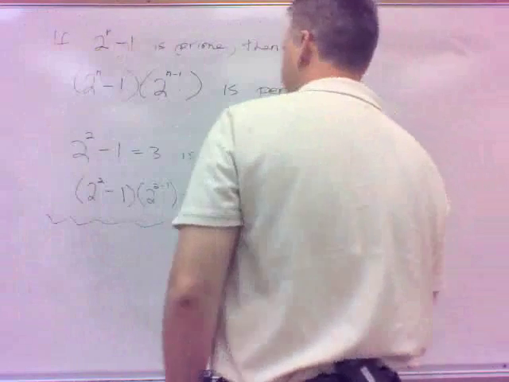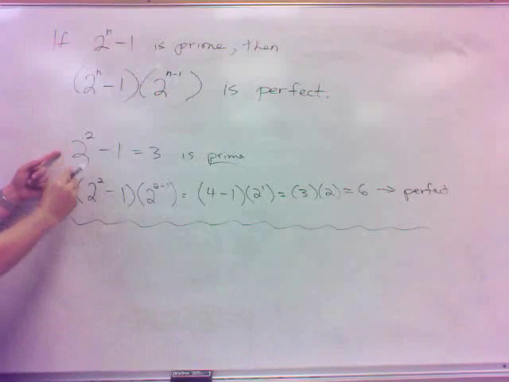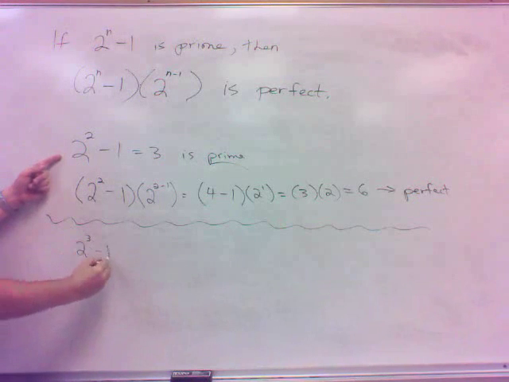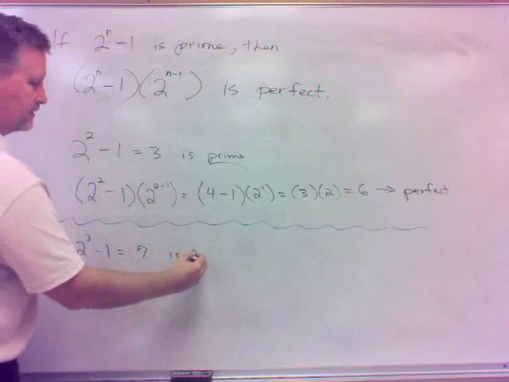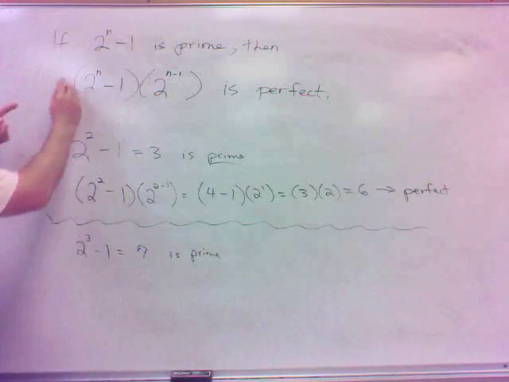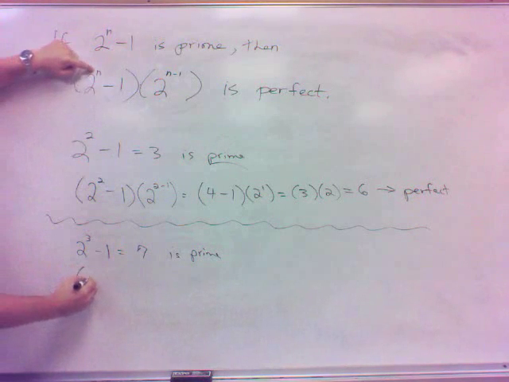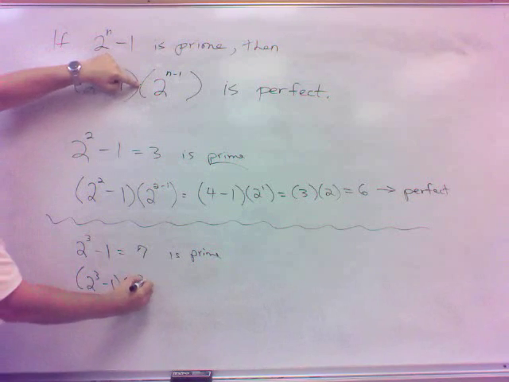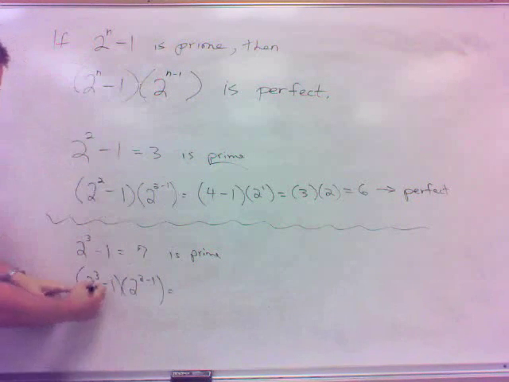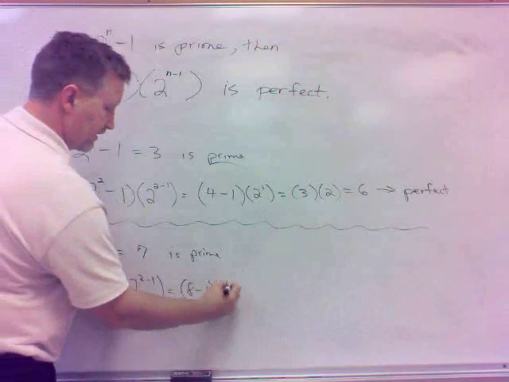Let's see if it works for the next one. What's the next one that's prime this way? 2 to the third minus 1, which is 8 minus 1, which is 7. That's prime. So what would the perfect part be? It would be 2 to the third minus 1 times 2 to the 3 minus 1. 2 to the third minus 1 is 8 minus 1, 7, and then that's going to be 2 squared.